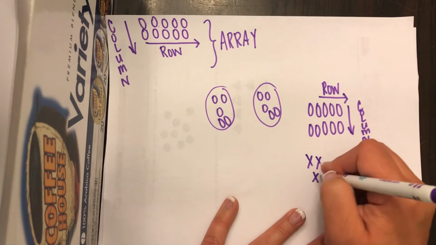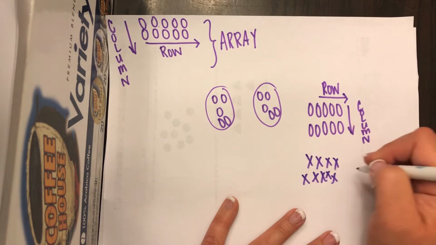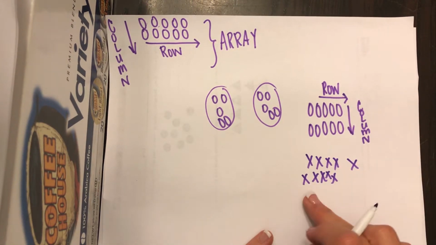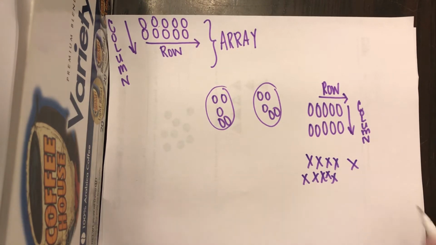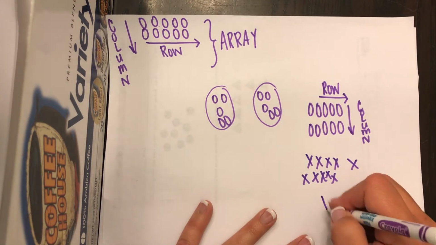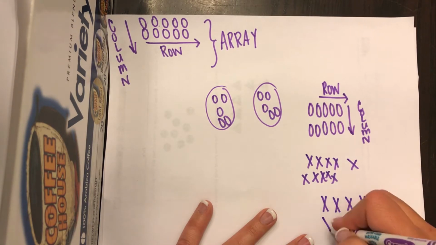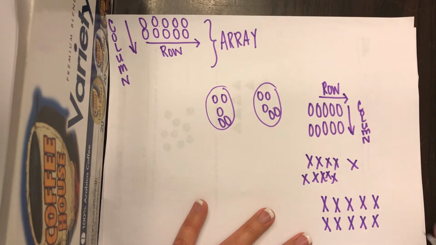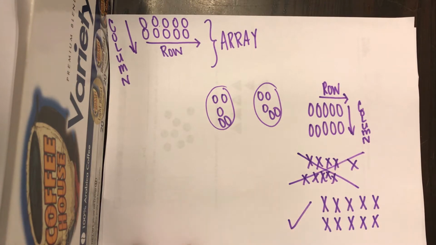What if I did this? That's not an array. They're not all organized. Okay? You have to put them in a good, organized way. Just like that. This and this. Yay!